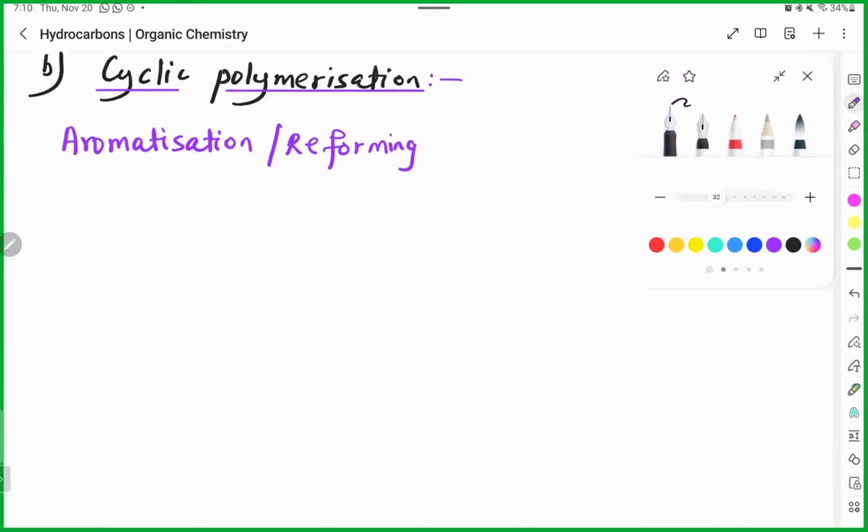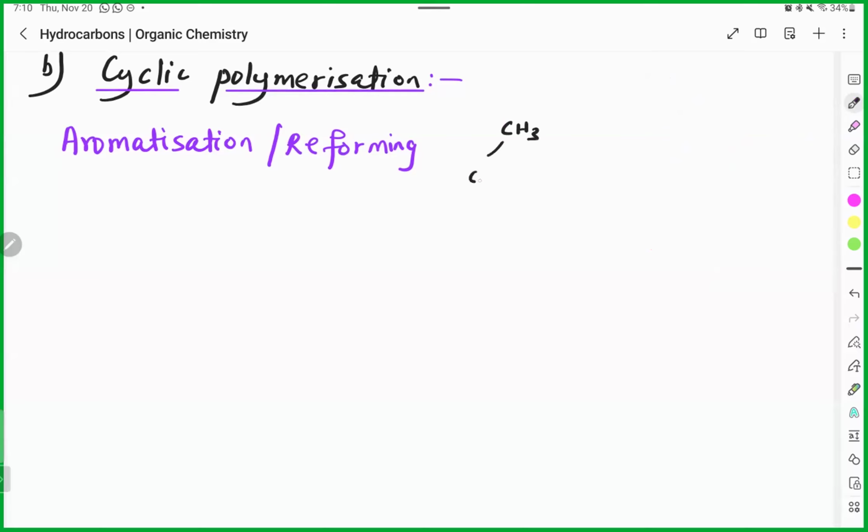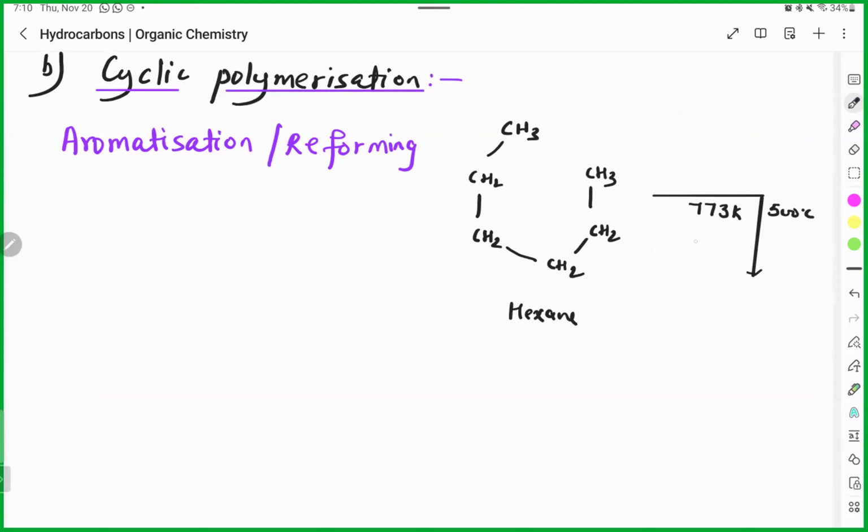How? For example, you take this CH3, CH2, CH2, CH2, CH2, CH3. This is hexane. So if this reacts at very high temperature, 773 Kelvin, almost 500 degrees Celsius, just imagine 500 degrees Celsius, very high temperature and pressure.